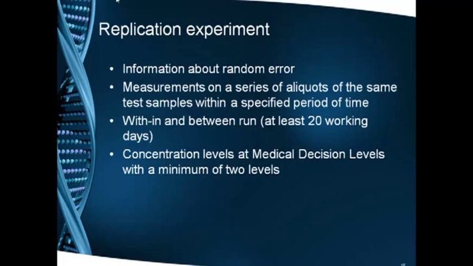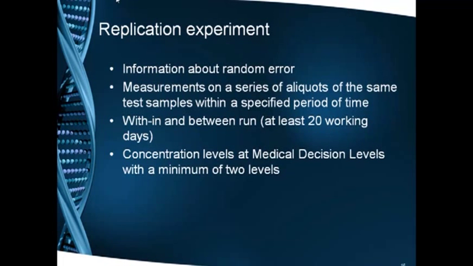Now, the replication experiment is, I think, something that everybody nowadays should know about. It's very simple. It will give us information about random error, precision, and it's usually done in 2 ways.